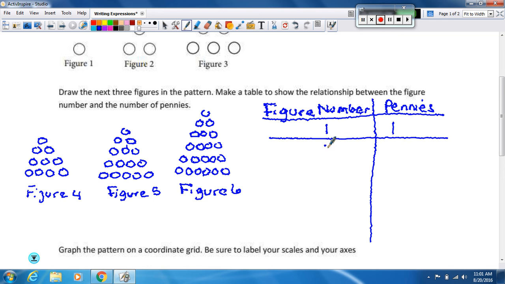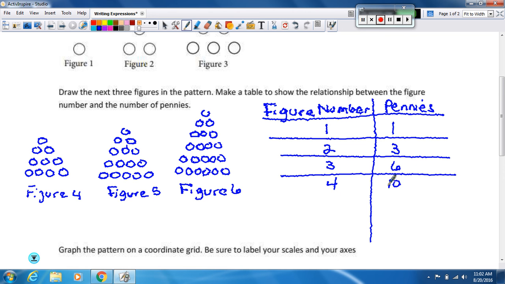Figure number 2 had 3 pennies. Figure number 3 has 6. Figure number 4 has 10. Figure number 5 has 15. And figure number 6 has 21.